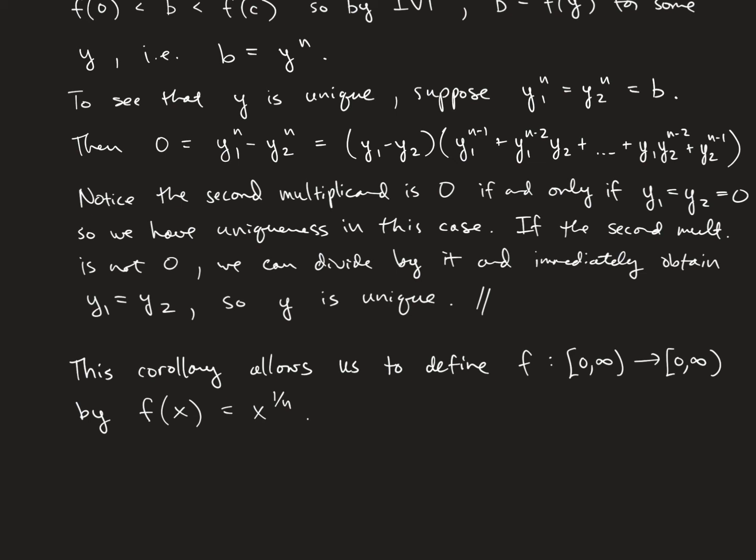Okay, so we needed to know that there was a unique output there, right? A unique y associated to your b.